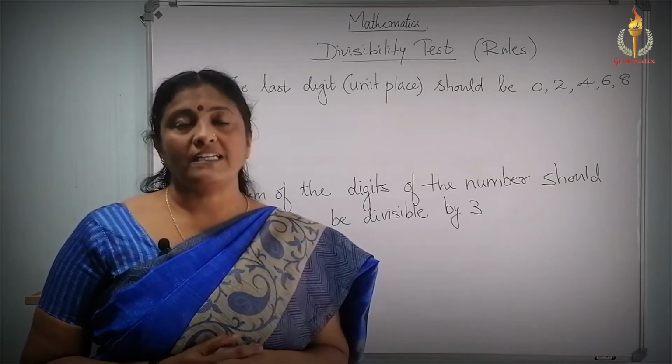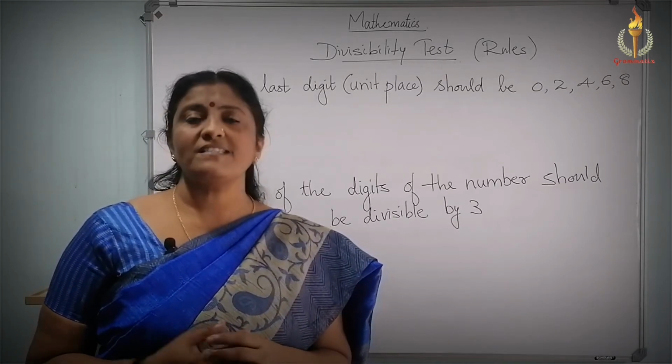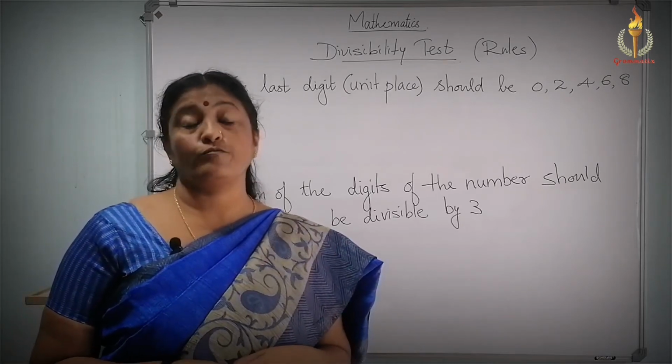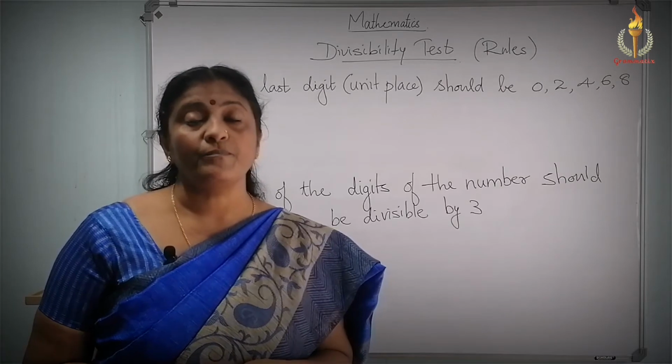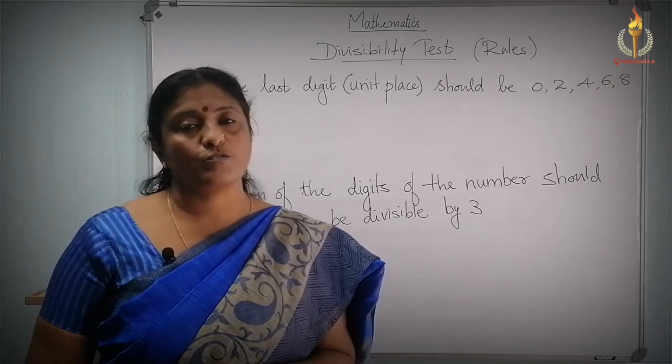It is done by just examining the digits or doing simple calculations. So it will be useful to find the factors of a number, or to find the LCM and HCF. So divisibility tests are useful for that.